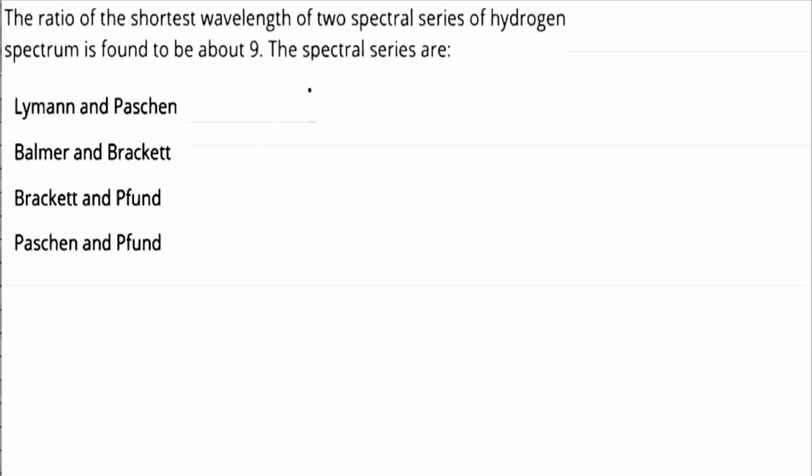Hailing from physical chemistry, the very first thing we need to recall is the Rydberg equation. Now, what is the Rydberg equation and how does it serve us over here?